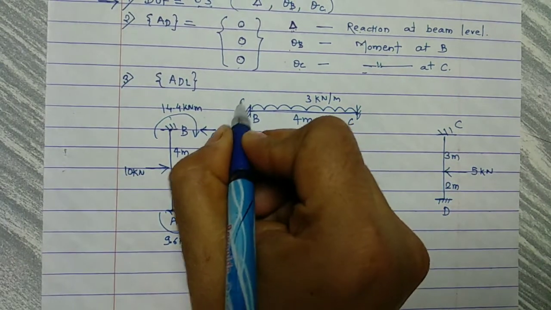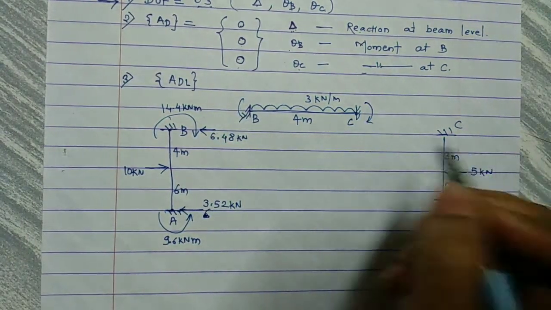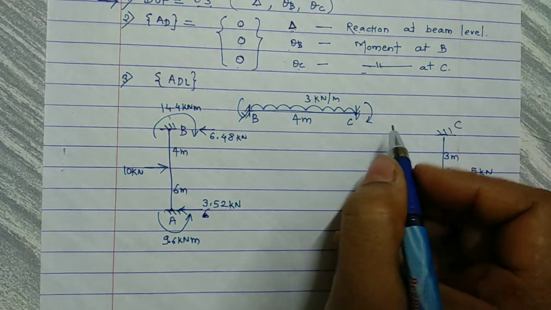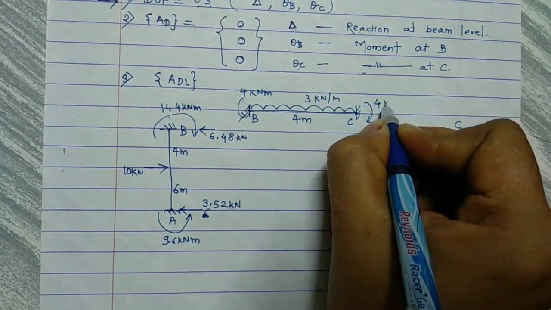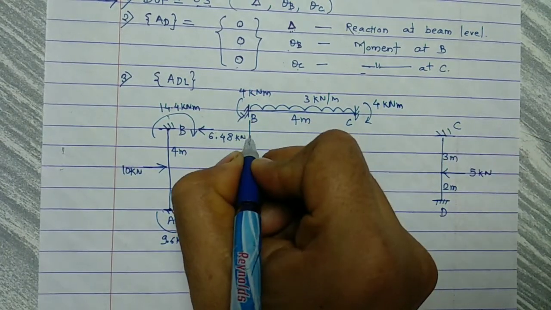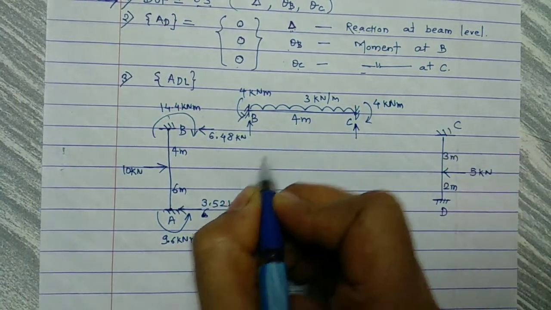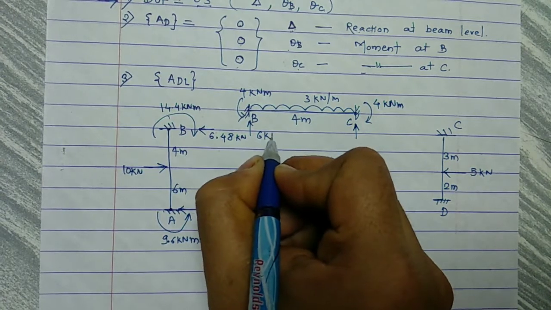Now similarly, calculate for the remaining members. For member BC, the moment is W L square upon 12, so that moment value is 4 kilonewton meter. CB is 4 kilonewton meter. Calculate the reaction, that reaction will be 6 kilonewton.